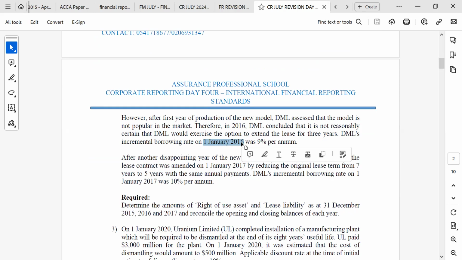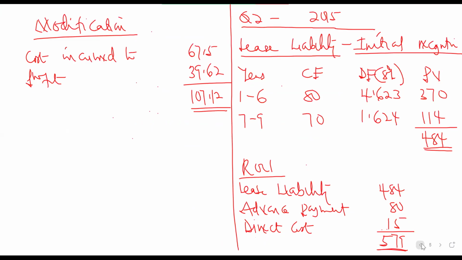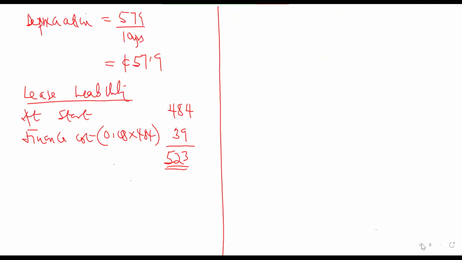But since they are asking us to do this one, let's respect the 1 year so that we do the reassessment in the following year, which will be January. So in the first year, our lease liability will be 523, and the carrying value of our right of use will be calculated as 579 minus 57.9, because we have done 1 year out of that. What are we having?